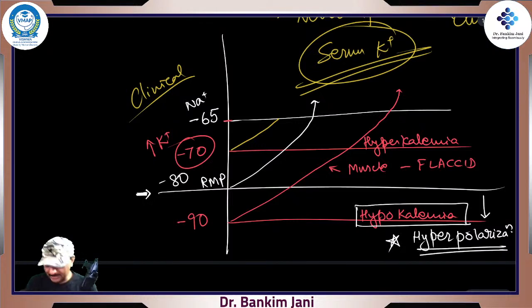Now, if this is the situation, then when RMP itself is changed, in ECG, repolarization will also show. ECG is just the written representation of all these actions, only of the heart. But yes, all these things would happen.